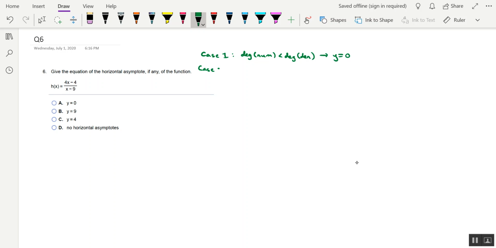Case 2 is when the degrees are the same, so I'll say the degree of the numerator is equal to the degree of the denominator. So if the polynomial on top has the same degree as the polynomial on bottom, then the horizontal asymptote is going to be y equals a sub n over b sub m, which notationally means the ratio of leading coefficients.